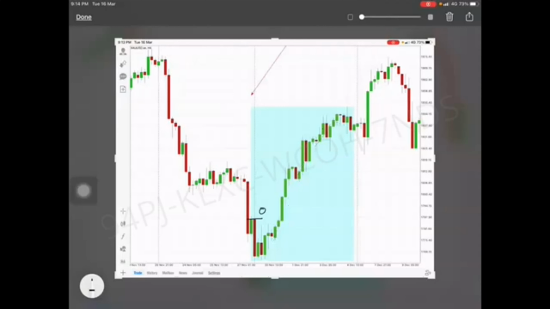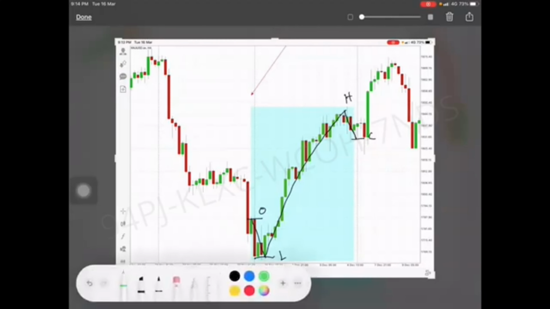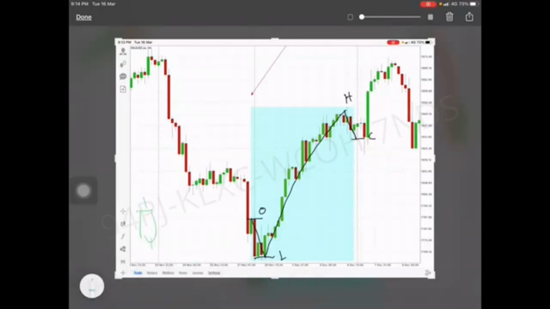Afterwards, it will go up to the high, and then closing is going to be a little bit lower, so it's going to close right there. So do you see a green candlestick? When you convert it into a line chart, this is the movement: open right here to the low, high, and then closing.